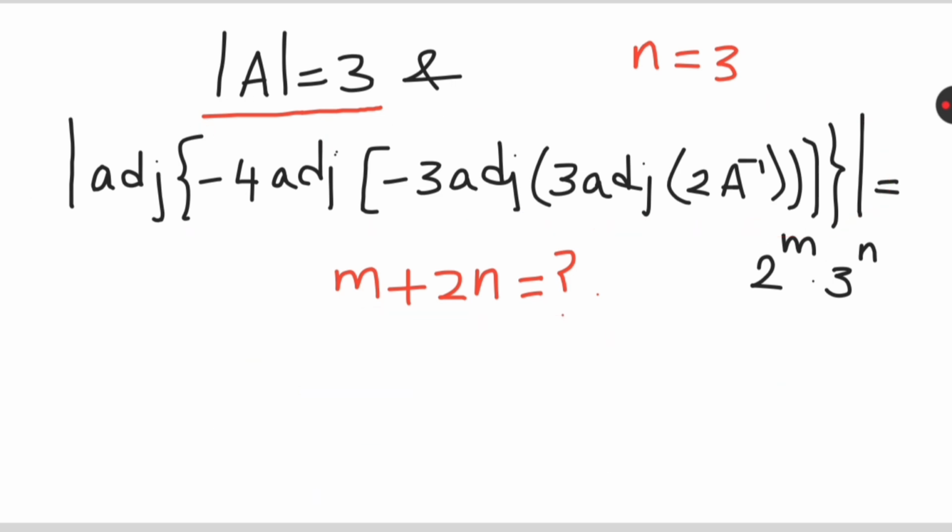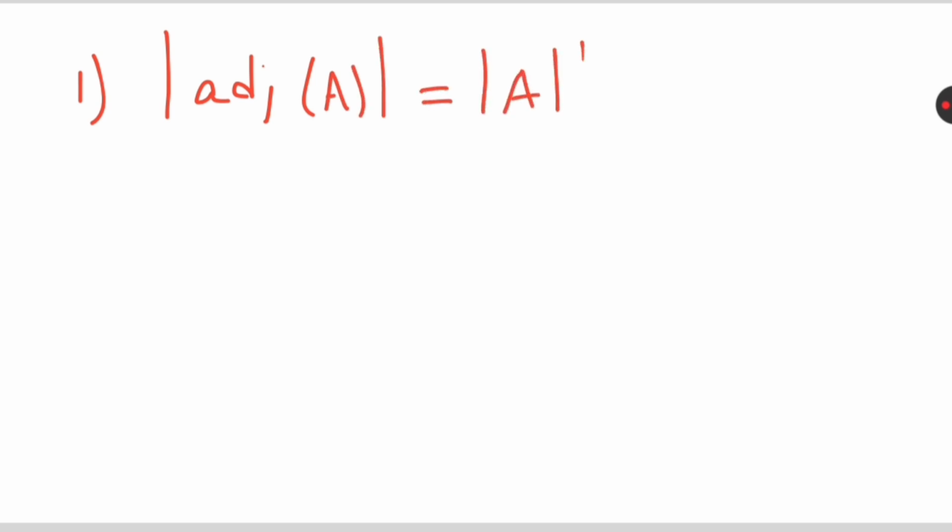To find the m and n values, we need to recall two very important formulas. We are going to use these two formulas each and every time, so you have to learn them. The first one is determinant of adjoint of A equals determinant of A whole raised to the power of n minus 1.